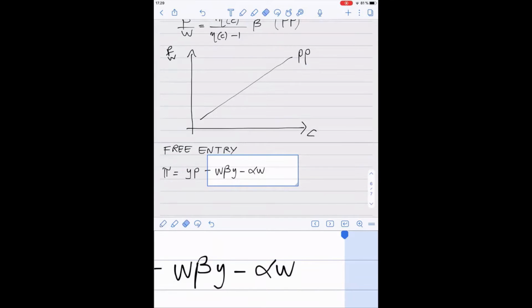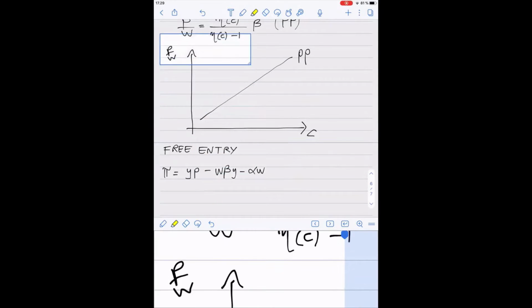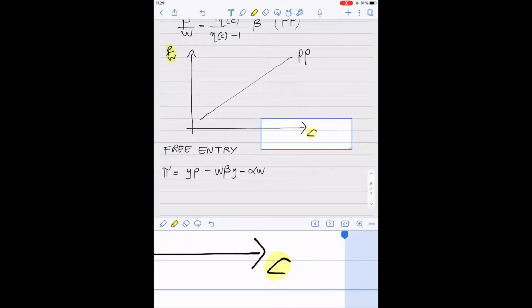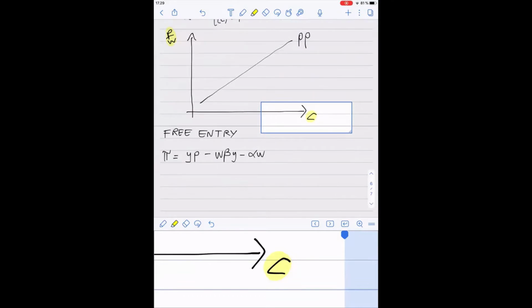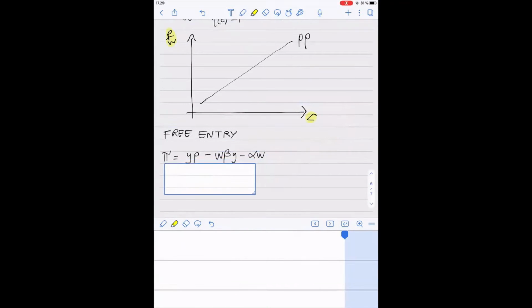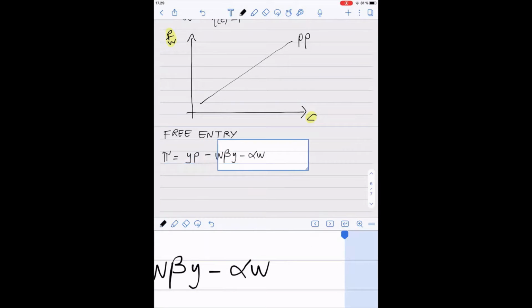We want to write this free entry condition such that we have a relationship between the price over the wage, P over W, and the consumption per variety C. So to achieve that result, what we're going to do is, first of all, set this profit to zero, because that's what the free entry condition states.